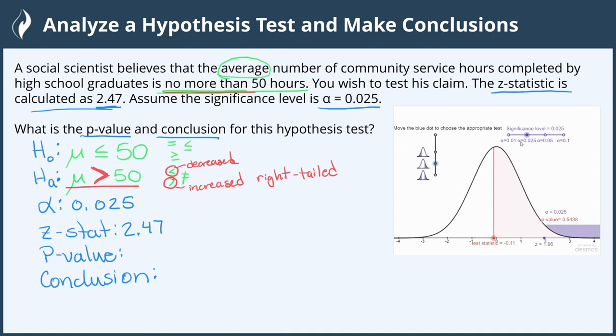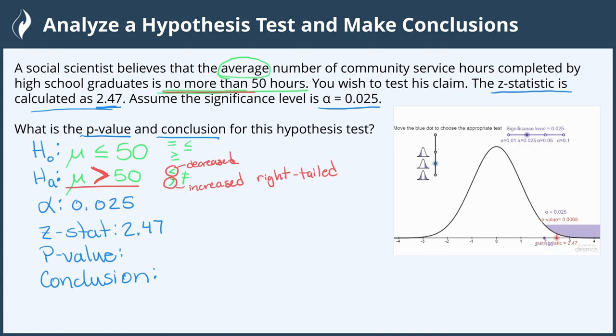And then the last thing we need to do is move our test statistic to 2.47, and it gets kind of tricky. Make sure we get it there. There we go. So now we have our p-value associated with our test statistic, and we also have our test statistic and z-value, our critical value down below.